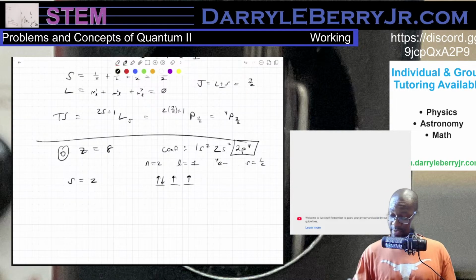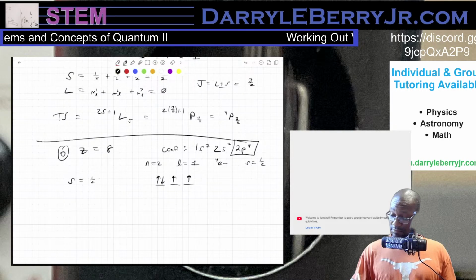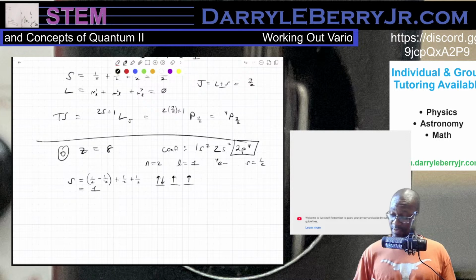Oh my gosh, I forgot it's 1/2. So we can have 1/2 minus 1/2. It's going to be the left one plus 1/2 plus 1/2. So big S equals 1.